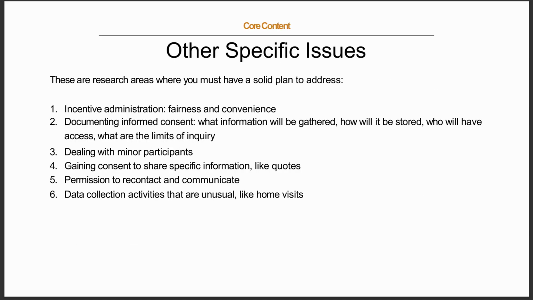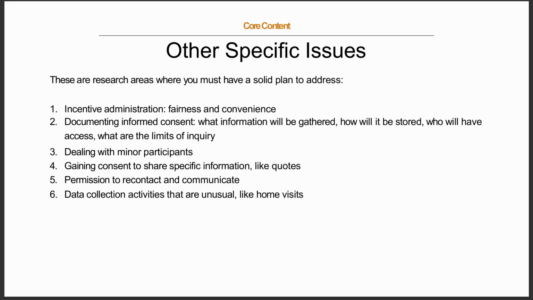Some other specific issues. These are research areas where you must have a solid plan to address. So, incentive administration, fairness and convenience. This is if you're going to pay anyone or invite anyone for coffee or anything while you're conducting these.